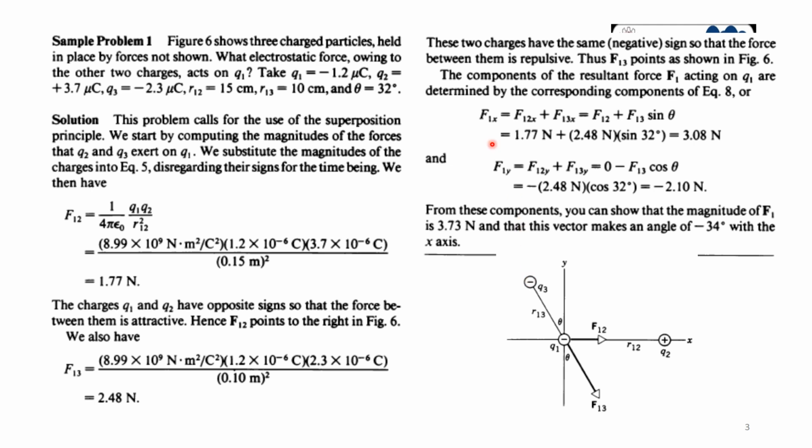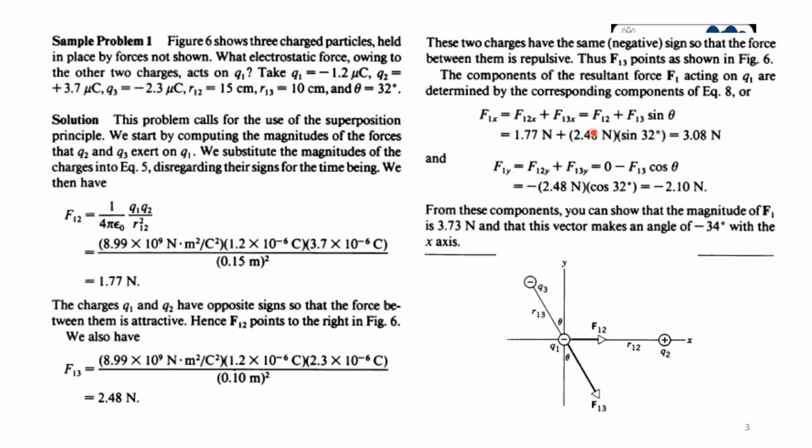So F1x, we use the term 1x because F1 stands for charge 1. The force on the x axis will be F1x equals F12x plus F13x, which is equal to F12, which we have already found, plus F13 sine theta.